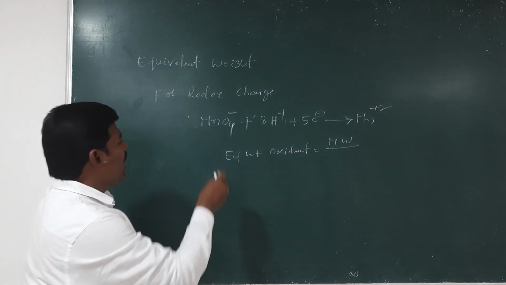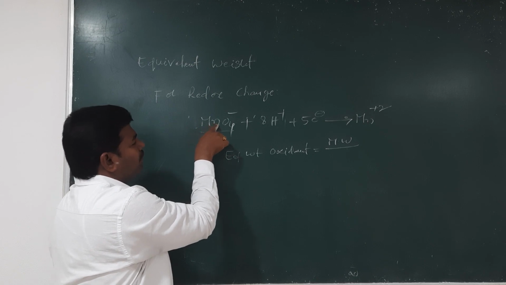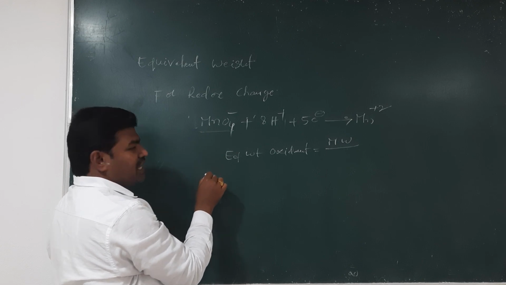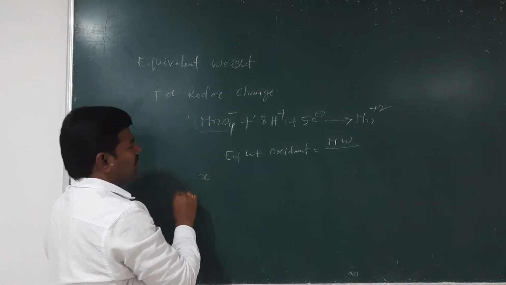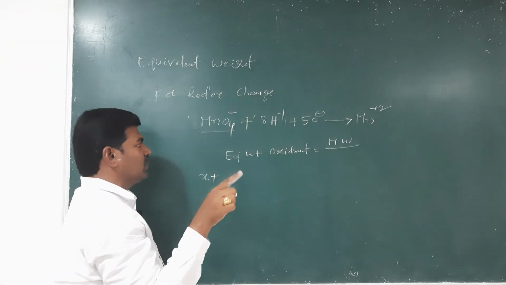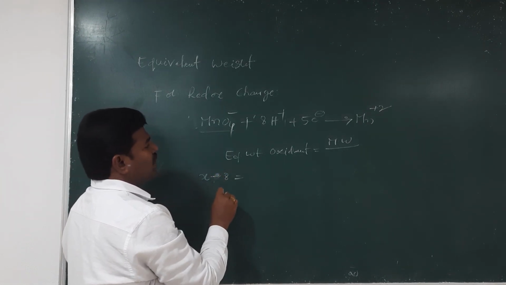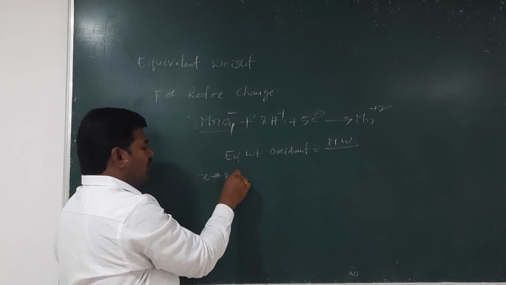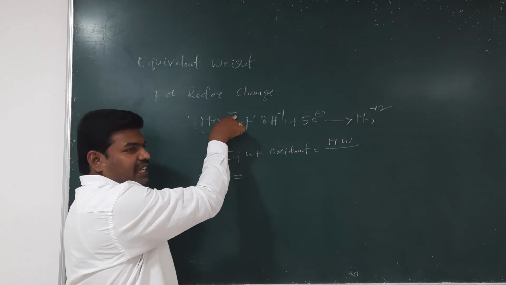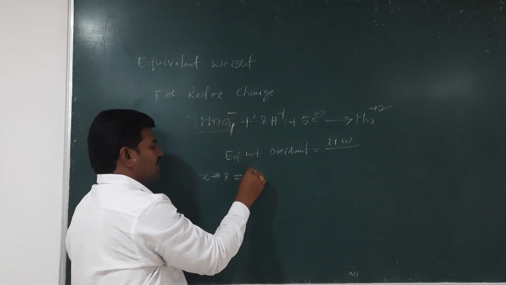For example, in MnO4 minus, let the oxidation number of Mn be x, plus oxygen 4 times minus 2, that is minus 8, equal to the charge, that is minus 1.